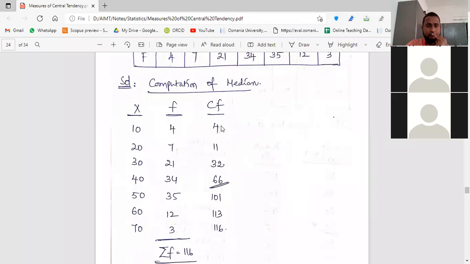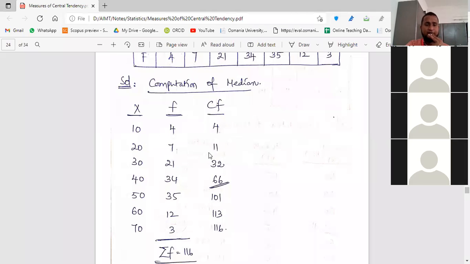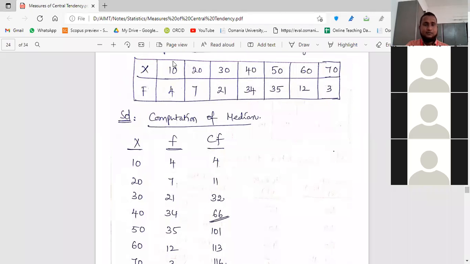So how did you get 11 here in cumulative frequency? 4 plus 7, 11. 11 plus 21 is 32. 32 plus 34 is 66. 66 plus 35 is 101. 101 plus 12 is 113. 113 plus 3 is 116.